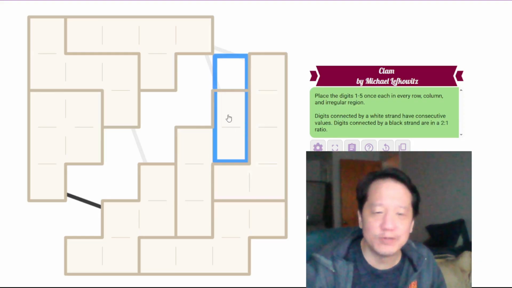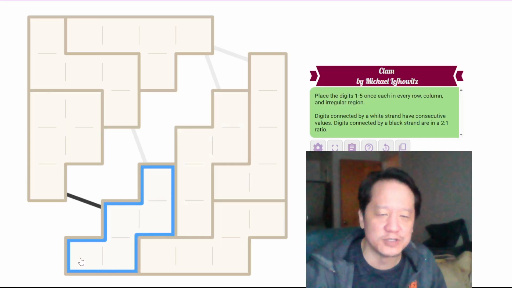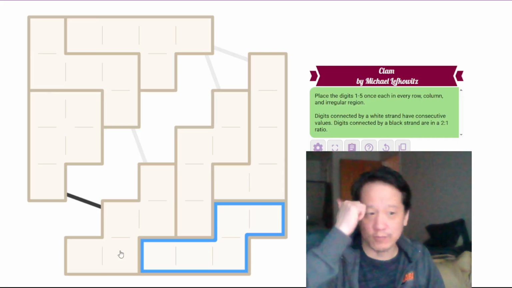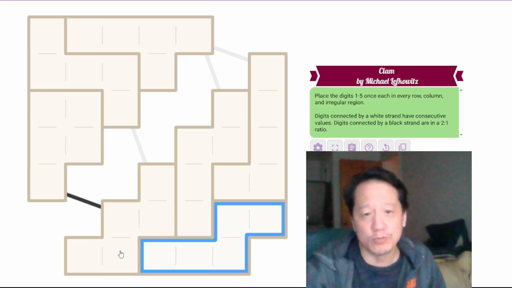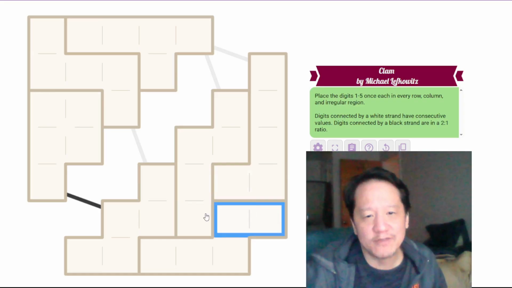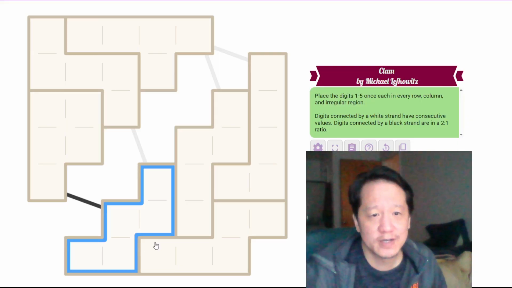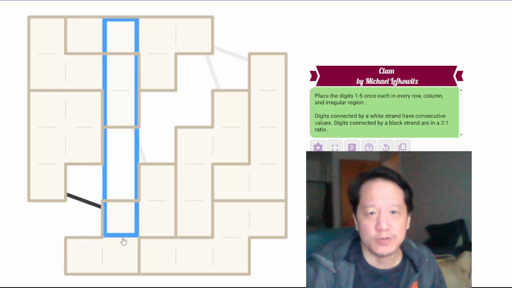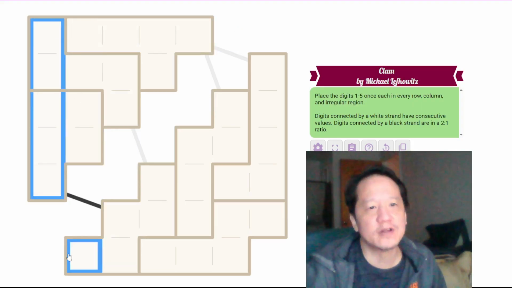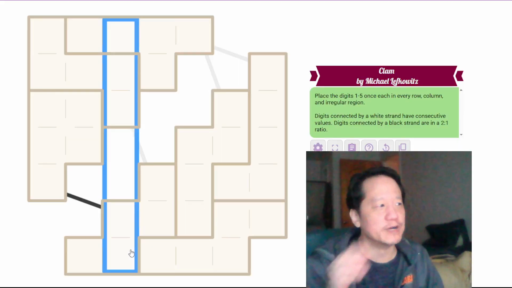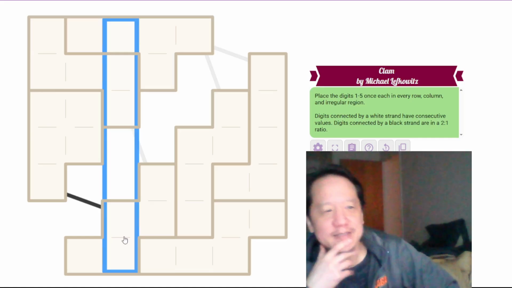I didn't realize that when I chose this puzzle, but there are 7 regions of 1 through 5, and we're going to have multiple of these. So every column, too. We have 7 rows and 7 columns. Interesting. I didn't realize why this was so highly rated, but actually that makes sense now.